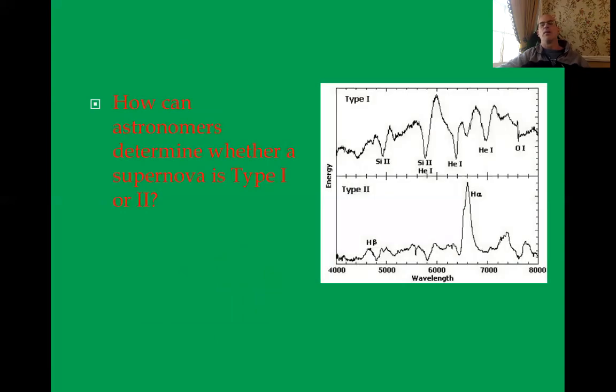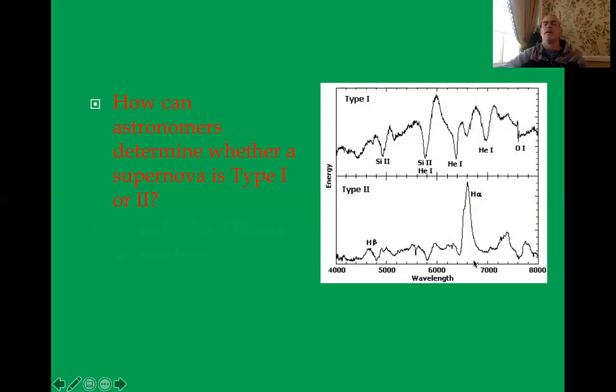And we said that if you look at the spectrum of a type 1 supernova, you'll have some silicon, helium, oxygen. But one element that's missing is hydrogen. You see no hydrogen lines in the spectrum, whereas with a type 2 supernova, we have this strong H alpha line.